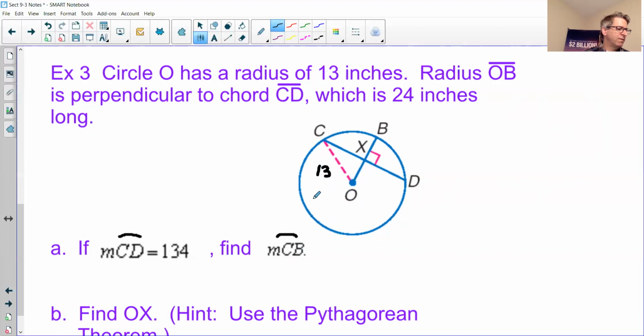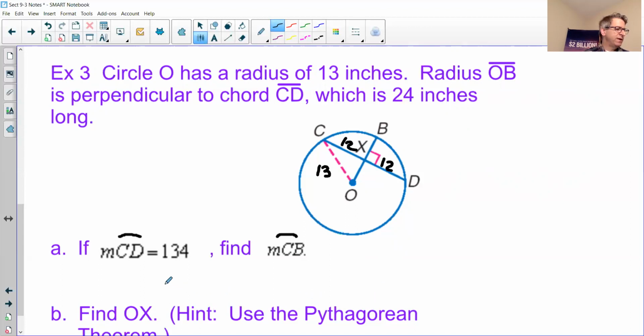We're told that radius OB is perpendicular to chord CD, so we know that this side is going to equal this side. CD is 24 inches, so all the way across is 24. From our previous theorems, this would be equal to 12, and this will equal 12 on this side.